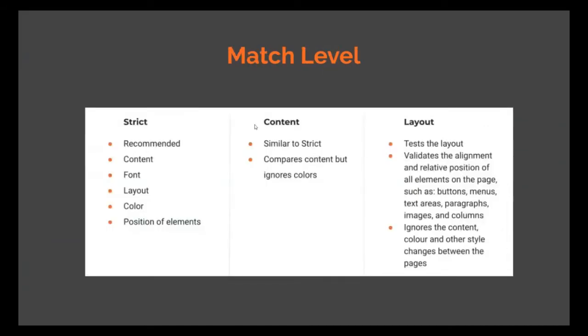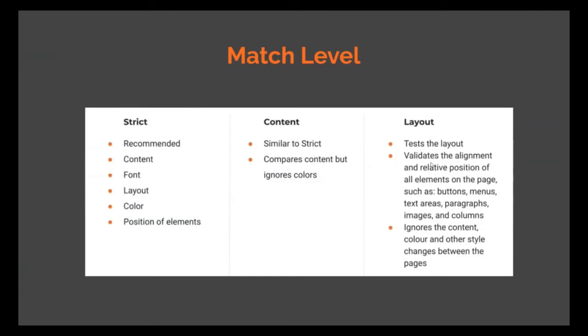By changing the match level, we can switch to different match levels within components and divs. Instead, it can check content, font, layout, color, and position of elements. Content is very similar to strict, but it will ignore color changes.